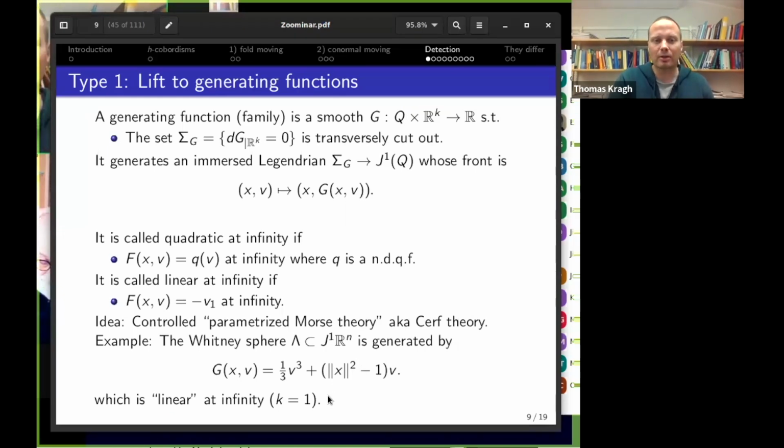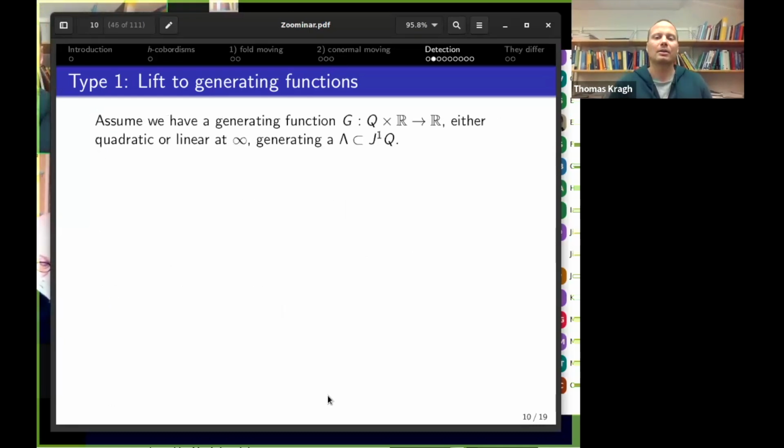But the point of this is that we can actually lift the construction of type 1 maps to construct a generating function for the Legendrian that we're defining, at least if it's in a good position. So let's make some assumptions. Assume we have a generating function with one auxiliary coordinate that's either quadratic or linear at infinity, and it generates some Lambda inside the 1-jet bundle.